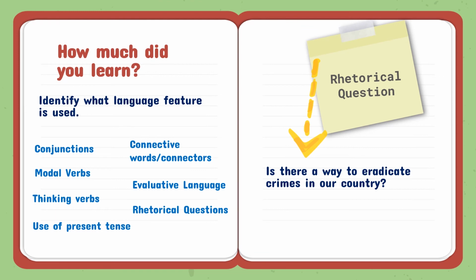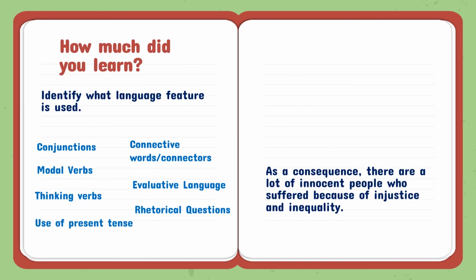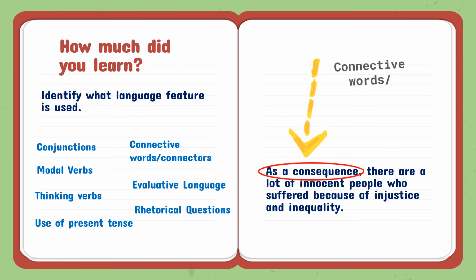It is a rhetorical question. Good job. Next, for the last one. As a consequence, there are a lot of innocent people who suffered because of injustice and inequality. Correct. Connective words or connectors. Well done, grade 10.